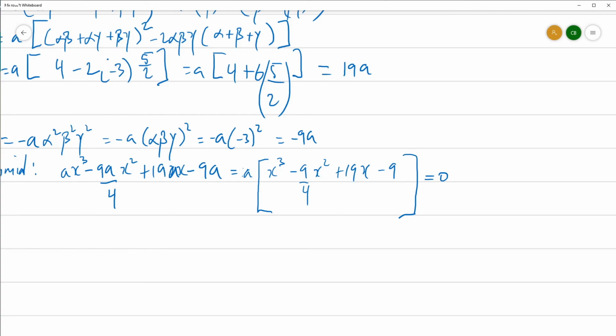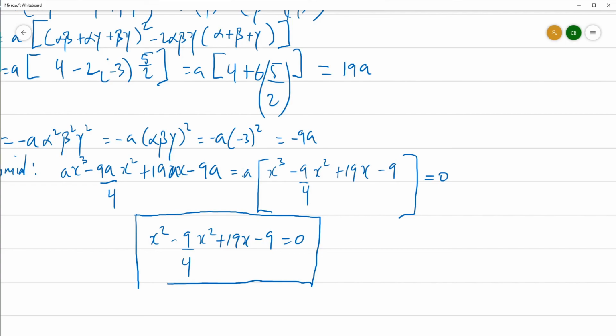And we could say that the function is x cubed minus 9 over 4 x squared plus 19x minus 9 equals 0. So this is your final polynomial with roots alpha squared, beta squared, and gamma squared.